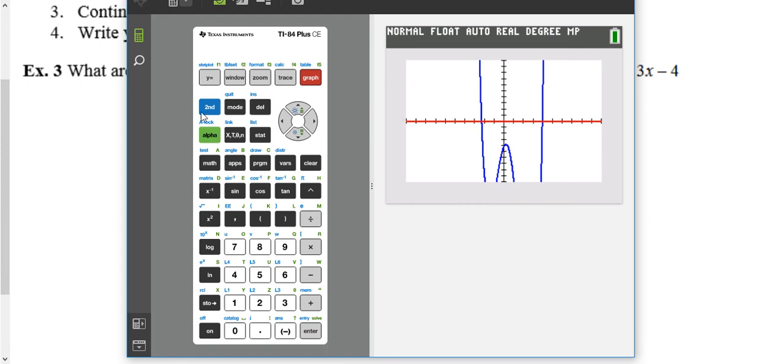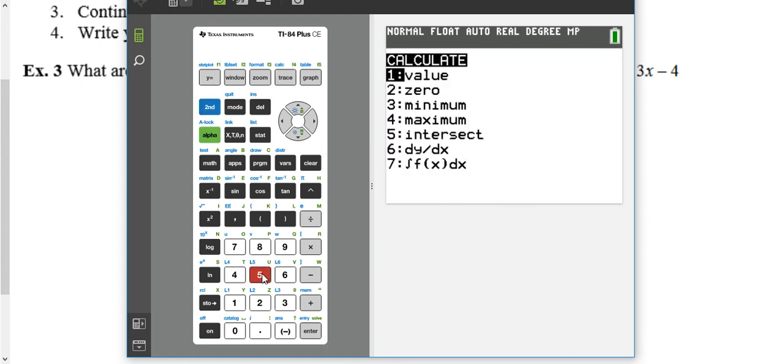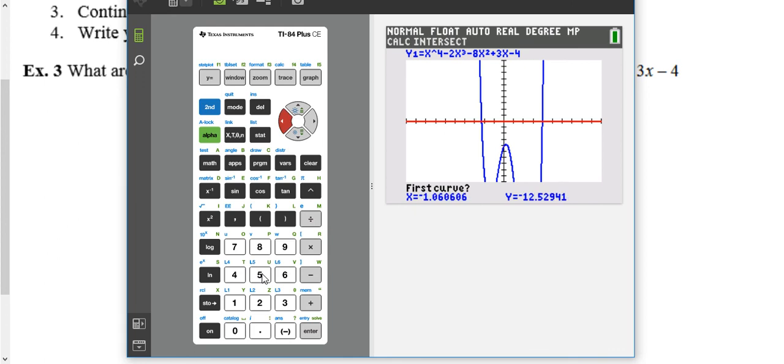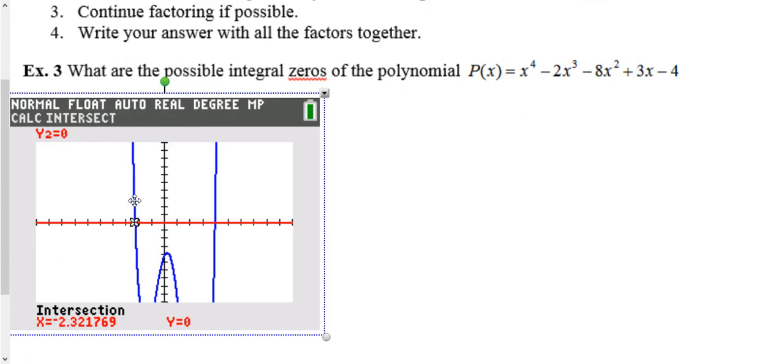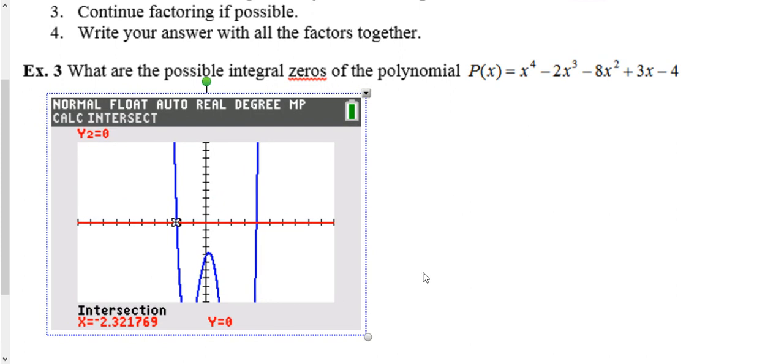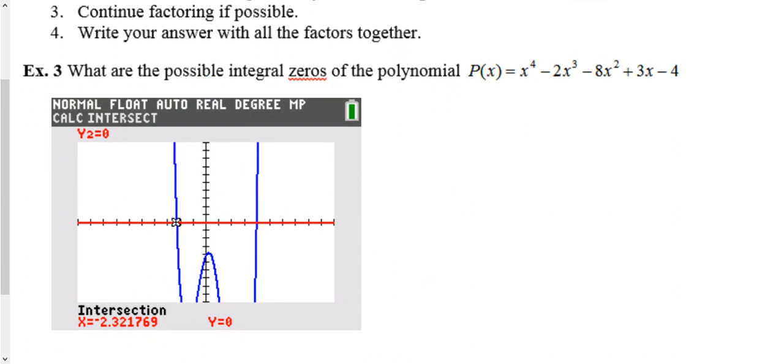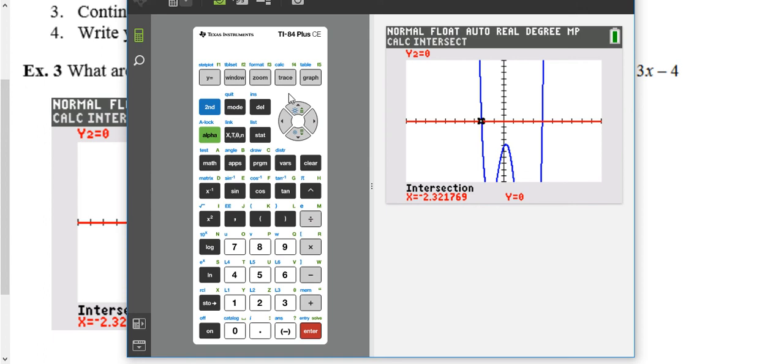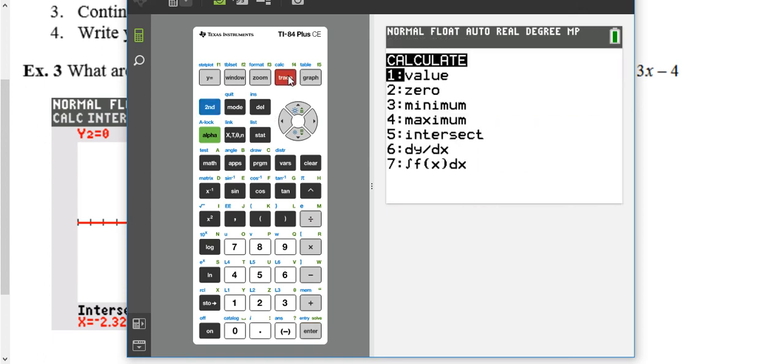So what is my actual answer? So we go second trace, option 5 there. And just moving our cursor, ooh, I blew by, closer to 1. So here I have an x-intercept of negative 2.32, so it's a nice decimal there. So most likely that's going to end up being a radical somewhere in your answer.